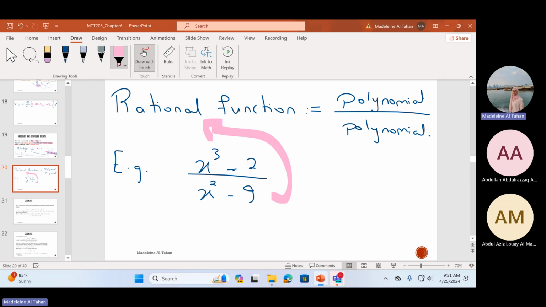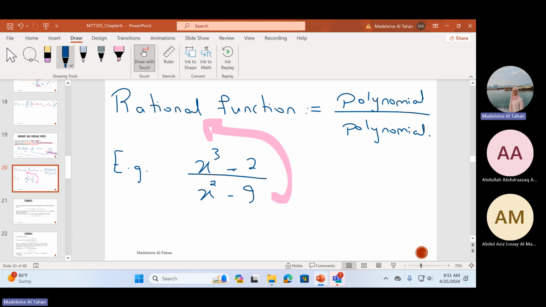So could it be differentiable at 3? At minus 3? If I substitute it, I will get a problem, right? So is it differentiable at minus 3? So where are the places that this function is not analytic? When the denominator is equal to 0.